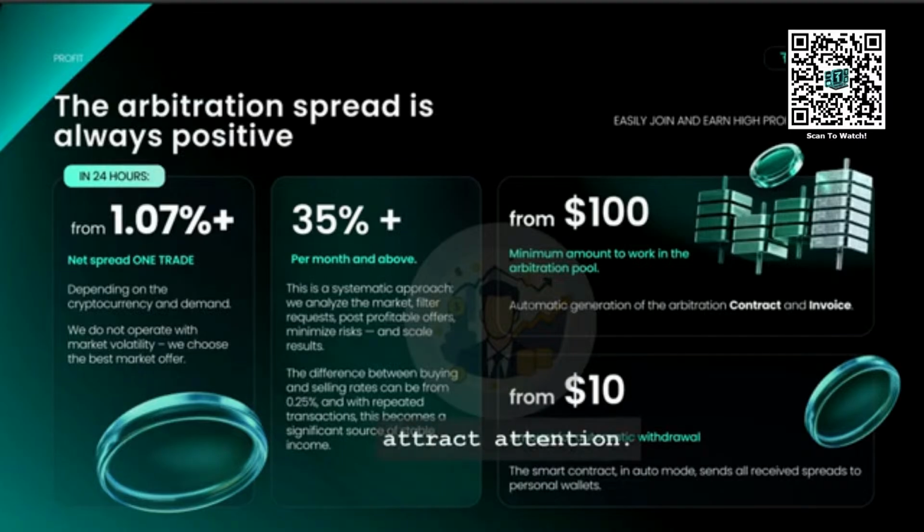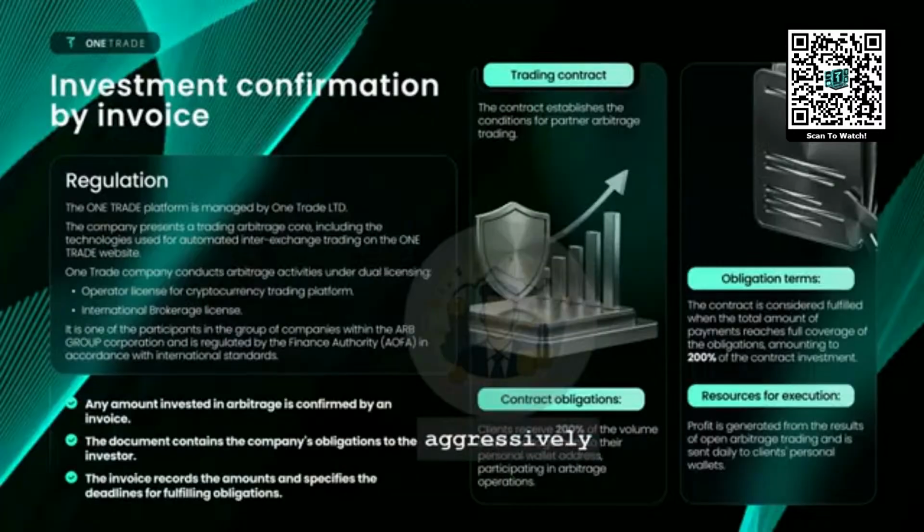The platform explains that even small spreads, like 0.25%, can become significant when repeated many times through automation, which is mathematically true. Small profits repeated consistently can compound aggressively over time. One Trade also talks about smart contracts, automatic withdrawals, licensing, security systems, and partnership rewards.